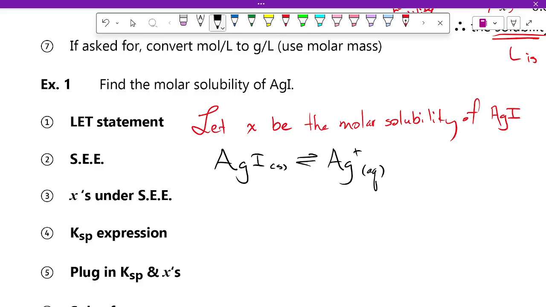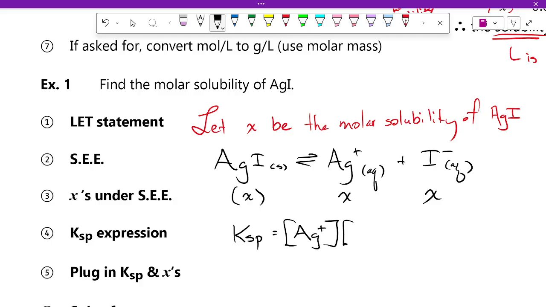Oh, X squared. Yep, not 2X. Oh, yeah, that's correct. That's 17.